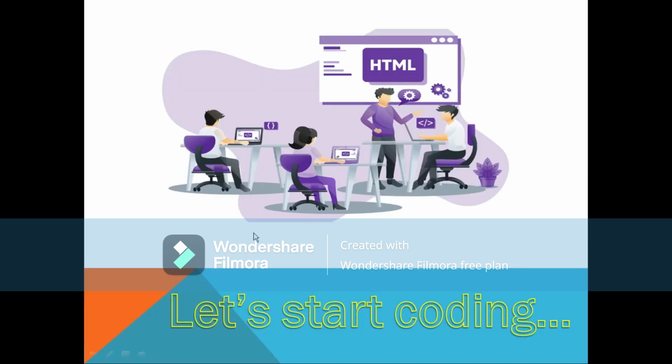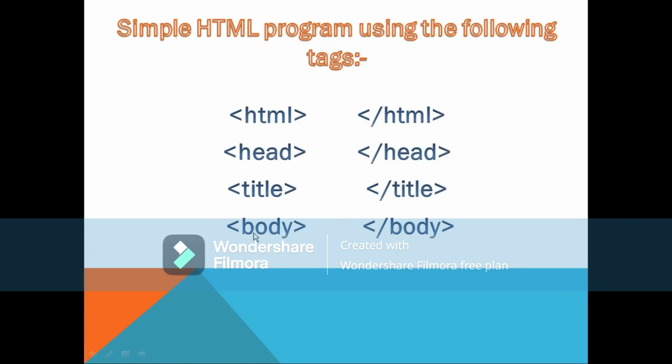I hope it's clear. Next, in the HTML program, we have already used the HTML tag, we have used the head tag, we have seen how to use the title tag, and also we have used the body tag, and these all are the container tags which are opened and closed.